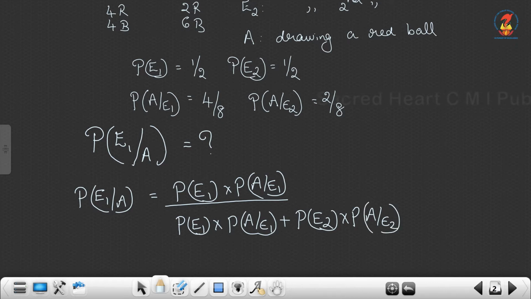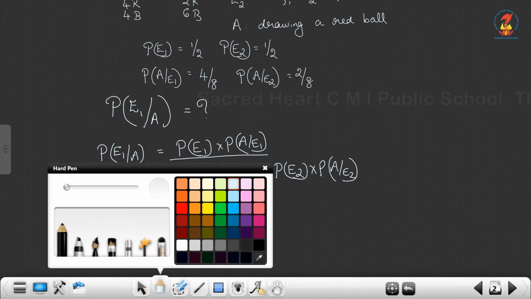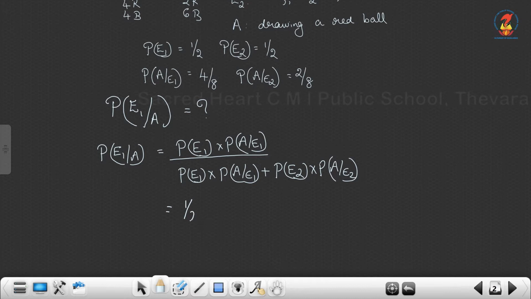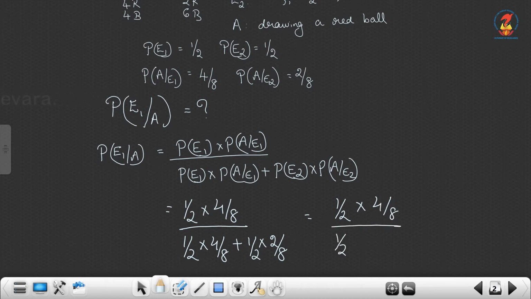Okay. Now, substitute the values. P of E1 is 1 by 2. 1 by 2 into 4 by 8, then 1 by 2 into 4 by 8 plus 1 by 2 into 2 by 8. 1 by 2 we can take outside and cancel. 1 by 2 take outside, 4 by 8 plus 2 by 8. 1 by 2 cancel.